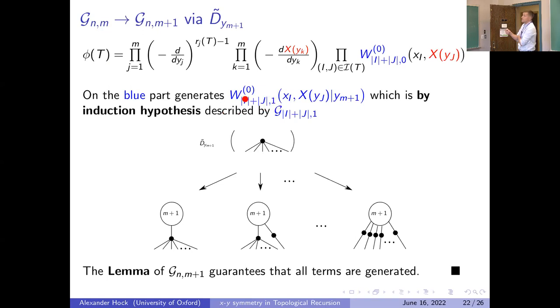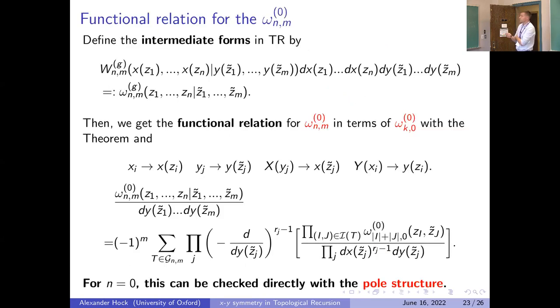But we know by induction this function is actually given by all the trees inside gi plus j1, which is essentially given by all these different cases we argued before. And also here the lemma guarantees that you generated everything exactly once. And this is then somewhat a proof.